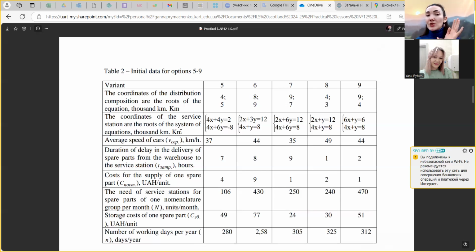Please write in the upper part of your formula, to multiply it by 1,000. Yes, the result, how many kilometers you find by the picture, and divide it by 44 kilometers in hour. And write is equal to how many hours we need for delivery.